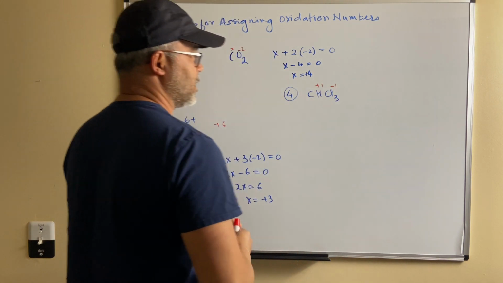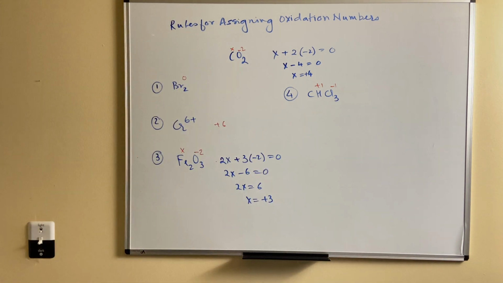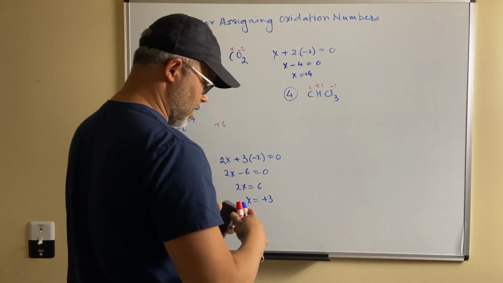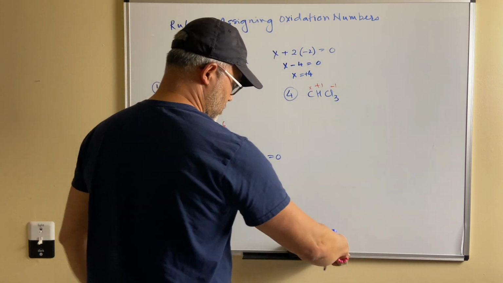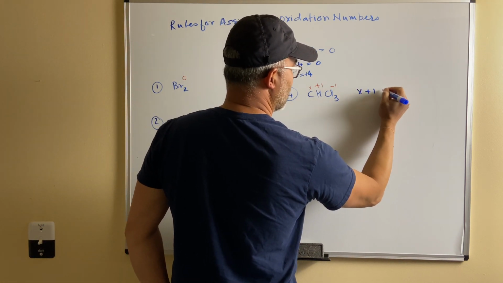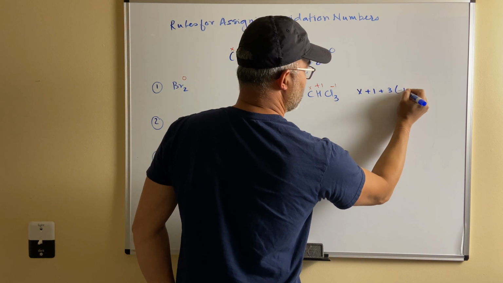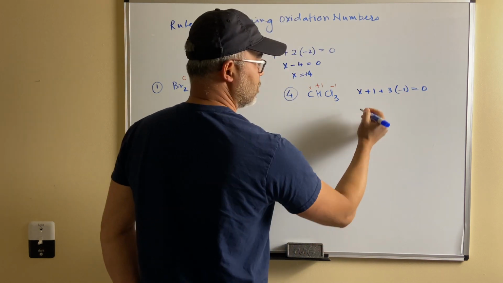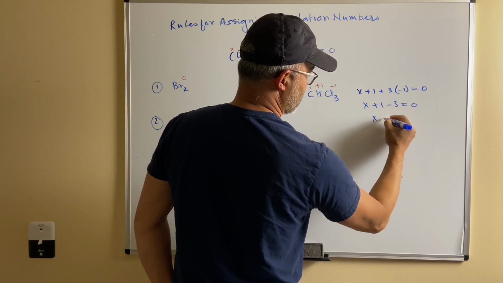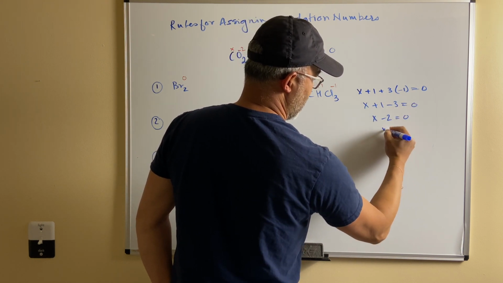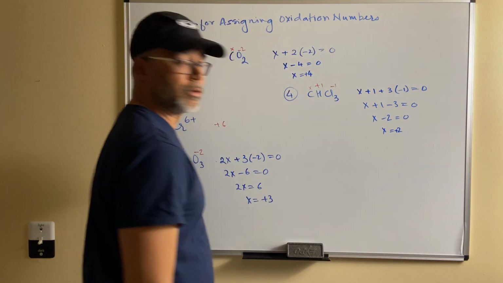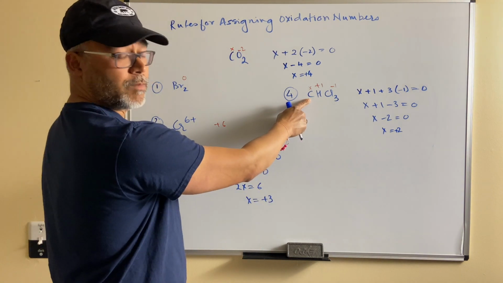Let's call carbon X. Setting this up as an equation in X, we have X plus 1 plus 3 times -1 is equal to 0. So X plus 1 minus 3 is equal to 0, or X minus 2 is equal to 0, so X is equal to 2. To be precise, that's +2. So the oxidation state of carbon is +2.